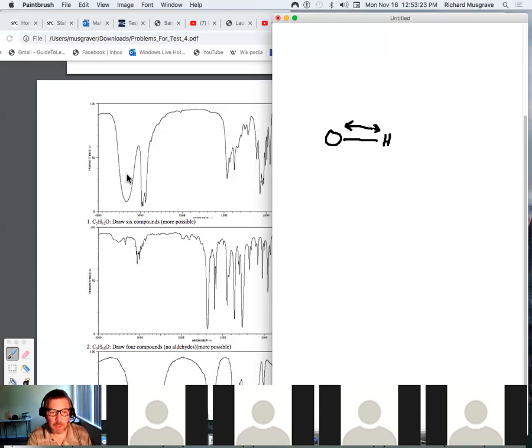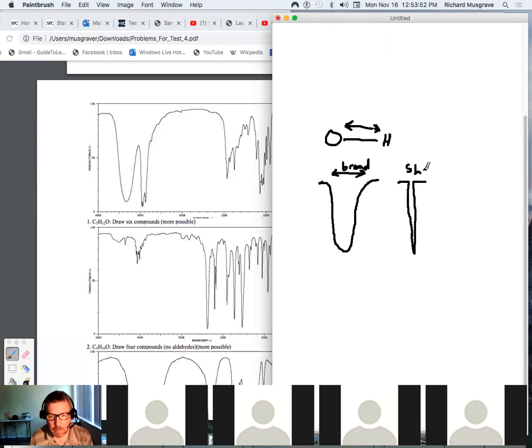So we know that if we've got this wide kind of peak, now there's two kinds of characteristics of peaks that we look at. This is broad. This is sharp.